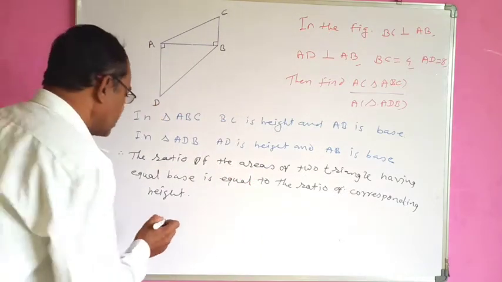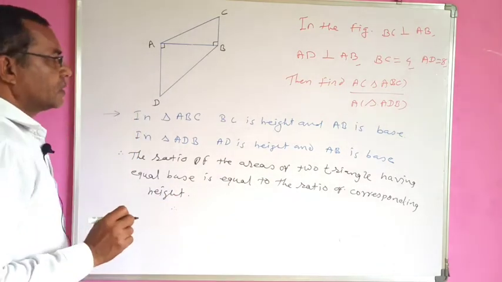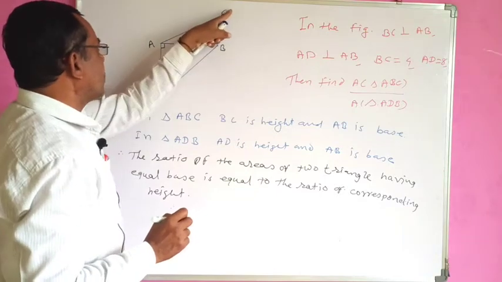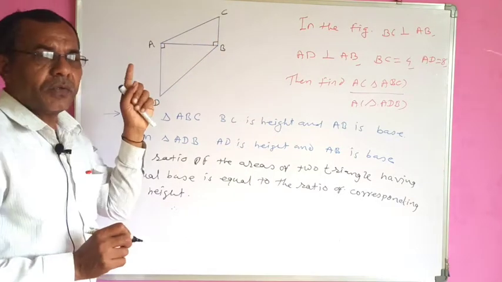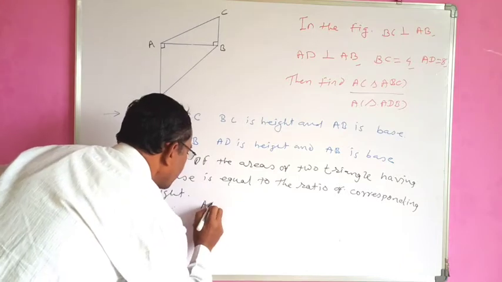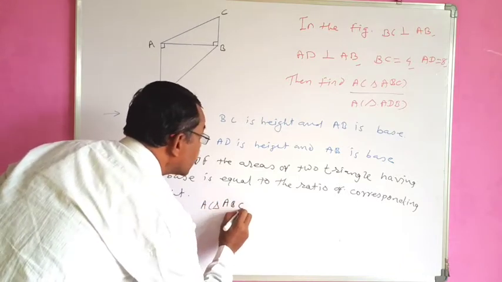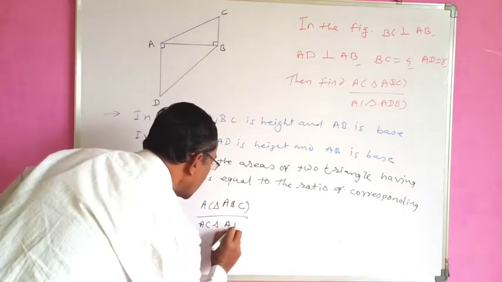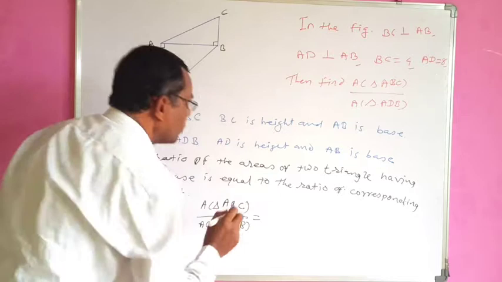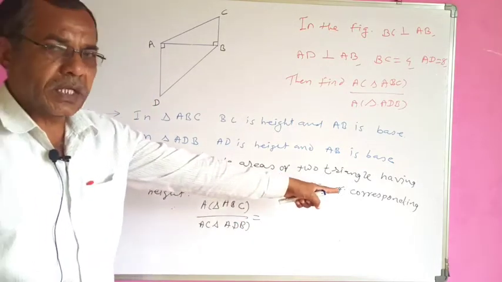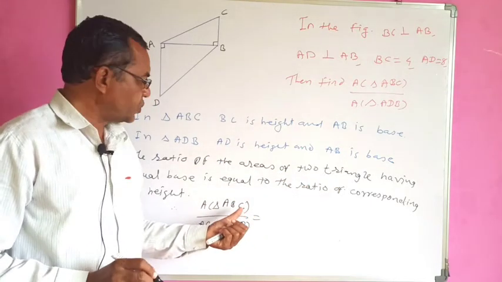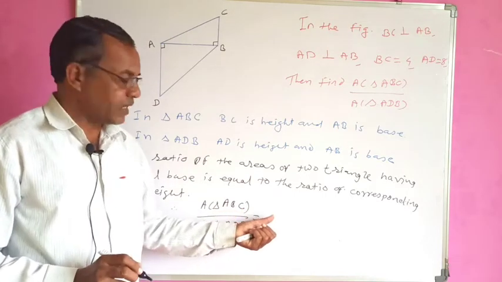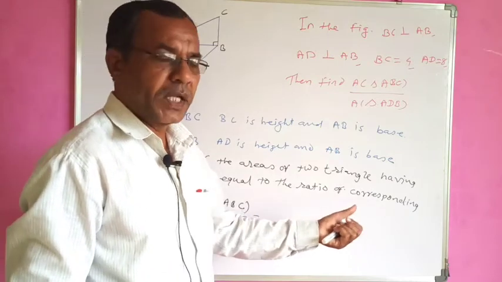Now we will use it. Therefore, what is given here? BC is equal to 4 and AD is equal to 8. Now, area of triangle ABC by area of triangle ADB is equal to, base is the same, therefore the ratio of the areas of two triangles having equal base is equal to the ratio of their corresponding heights.